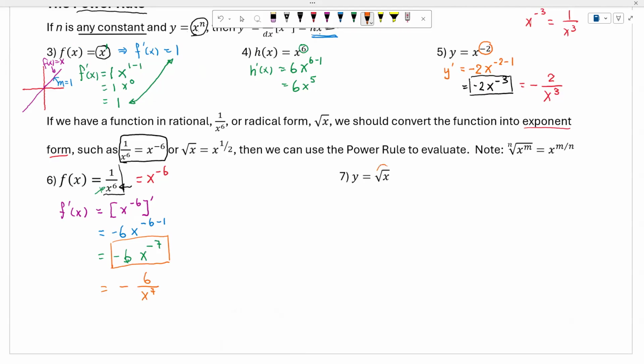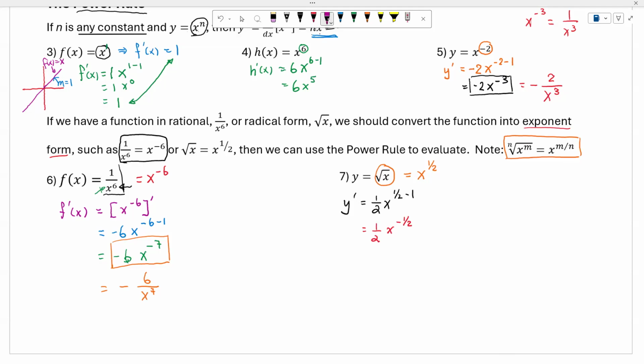Then now, what if we have a square root of x? Remember, if we have the n-th root of x to the power of m, we could rewrite this in exponent form, x to the power of m over n. So I would like to rewrite square root of x as x to the 1/2. Then now I will have y prime is 1/2 x to the 1/2 minus 1, so I have 1/2 x to the power of -1/2, right?